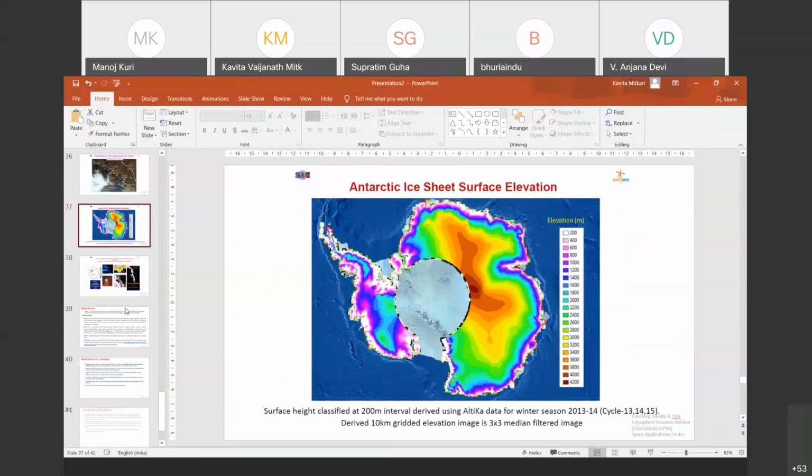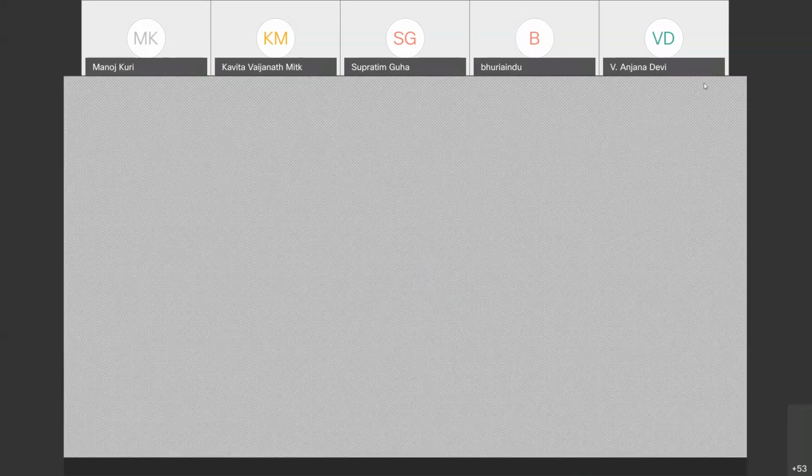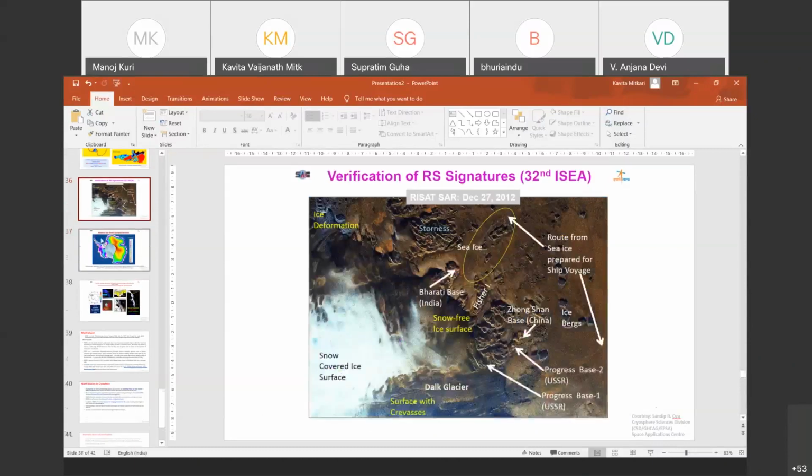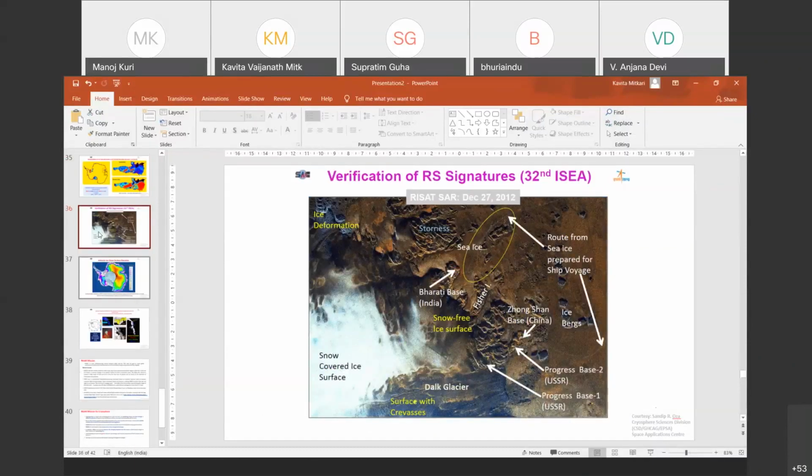Are the slides visible? Yeah, visible, right? So can anybody tell me from which slide I lost the connection? Because I was just speaking and later on I realized it.